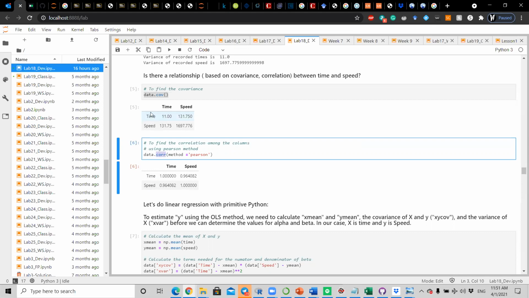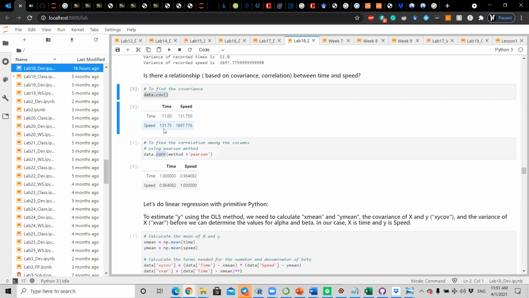If you calculate the covariance between time and the speed, you're calculating this covariance, which is equal to 131.75. Now, the covariance between time and speed is equal to the covariance between speed and time, because you can switch places, nothing will happen. So that's why you're getting the same number here as well. And then the covariance between speed and speed will basically be the variance of speed.